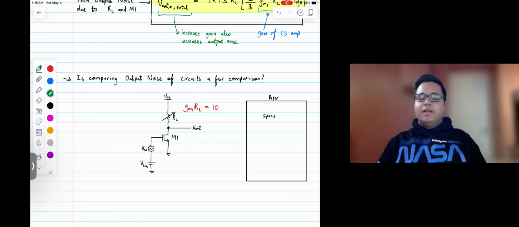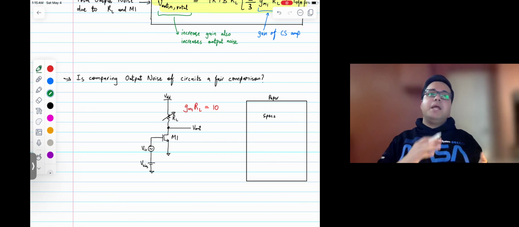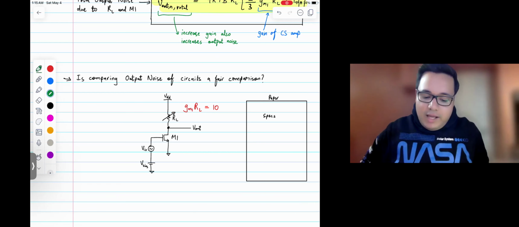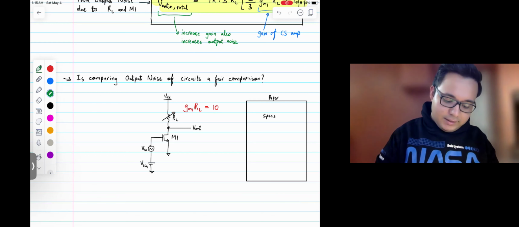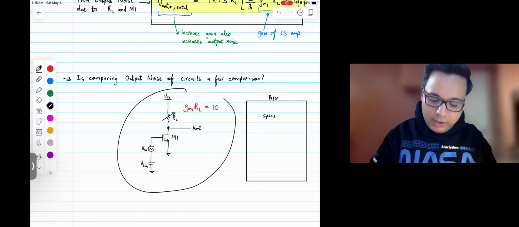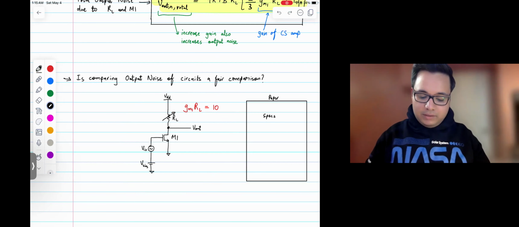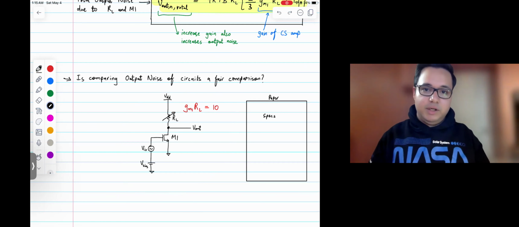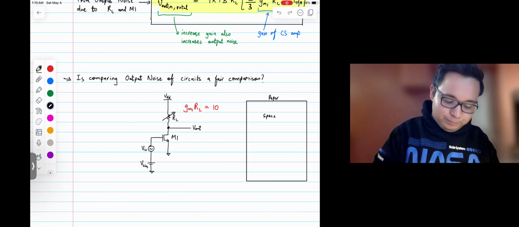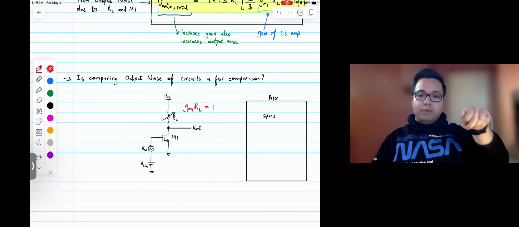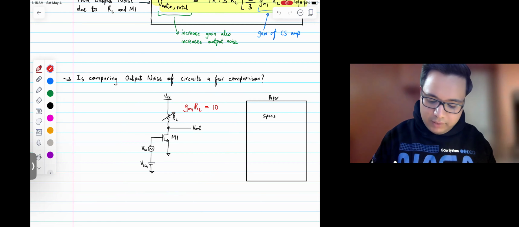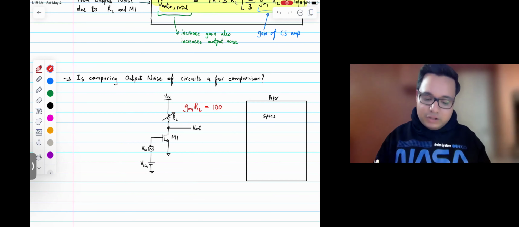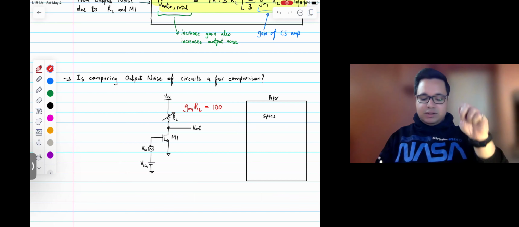If the answer is not very obvious, let me ask you this through another example. Let's say I design this circuit over here, and the resistor RL, the load resistor, is variable. So let's say I tune my resistor such that the gain is very high. The maximum possible gain I can achieve by making this resistance as high as possible.